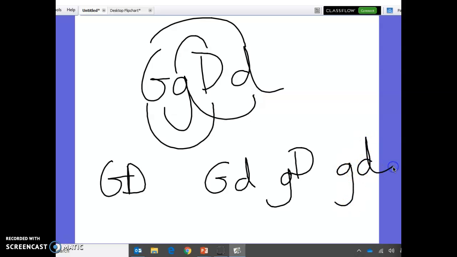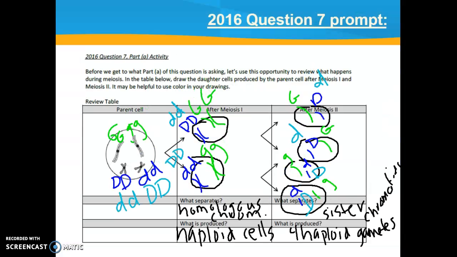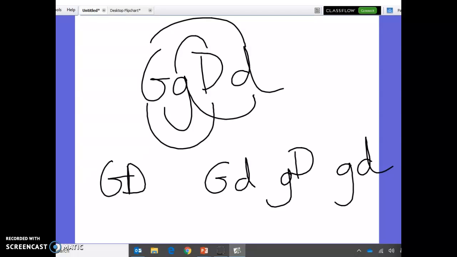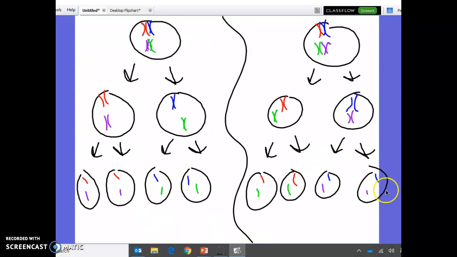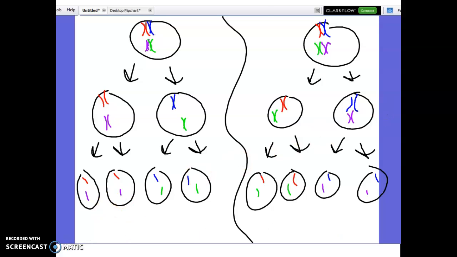So if you are able to just jump right to that FOIL method, do that. What I wanted to show you back here, and it looks really messy right now, is the logic behind that, right? So based on independent assortment, based on where those chromosomes line up, we can get 4 different gametes and 4 possibilities there, right? Just like we did over here, we got 4 different combinations of colors, okay?